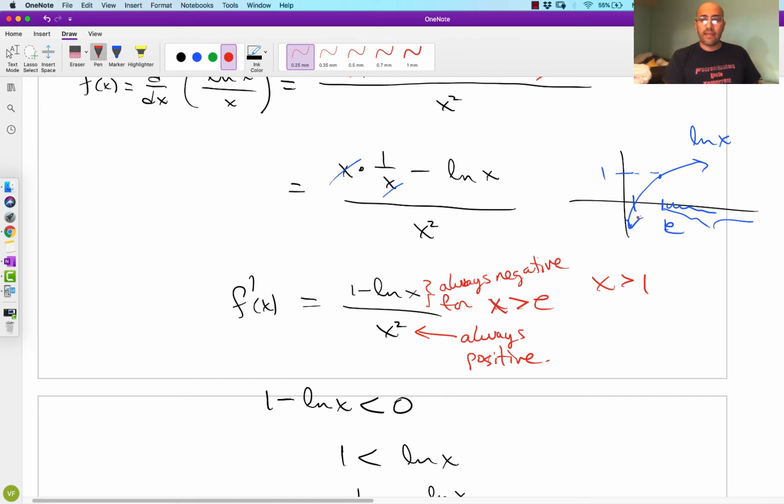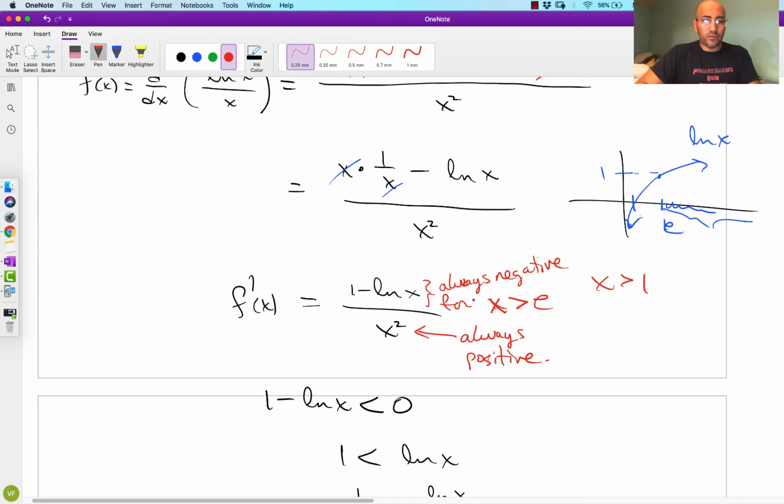Okay? And that's okay. We need to know what happens as we go toward infinity. So maybe the original function f of x doesn't begin life decreasing the entire way. Maybe it increases, maybe it hits some max and then starts coming down, or maybe it's flat and then starts coming down. But we've established that starting at e, moving forward, it begins to decrease. Good. Let's see what this graph looks like.